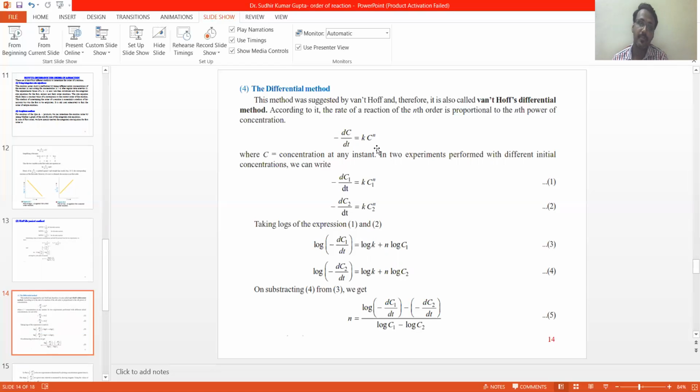That will be equal to K into C to the power of n, where n is the order of reaction and K is the rate constant. If we have two different concentrations C1 and C2, then we can write minus dC1 by dt is equal to K C1 to the power of n, and minus dC2 by dt is equal to K C2 to the power of n.